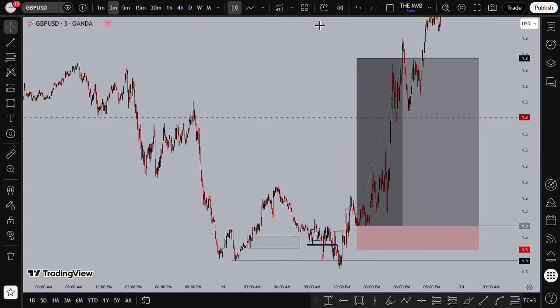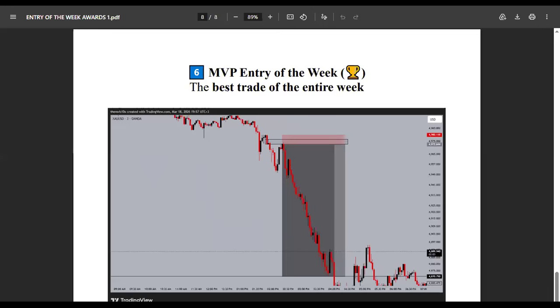So for the last category, the MVP entry of the week. This is actually the best of the best, okay? The best of all. First of all, I judge this by the amount of pips collected, the easiest way I executed, and the format of the entry actually.